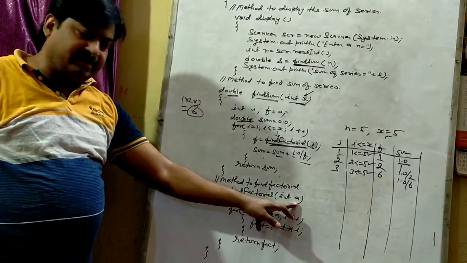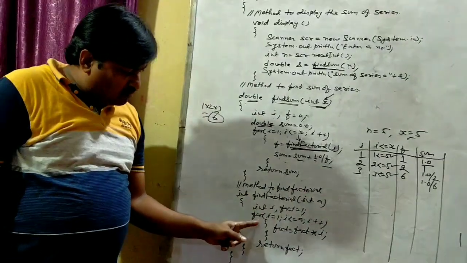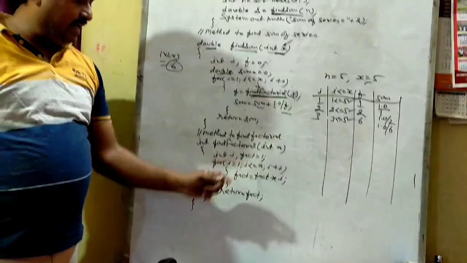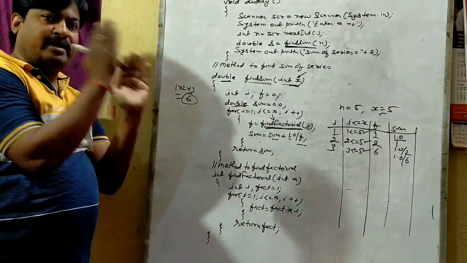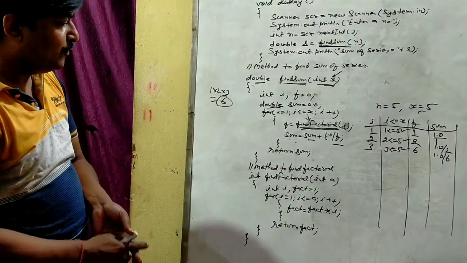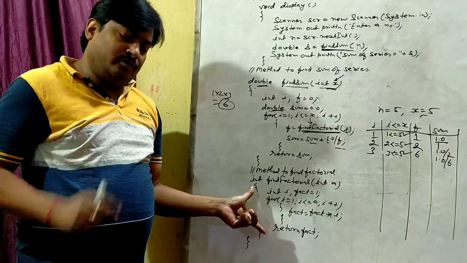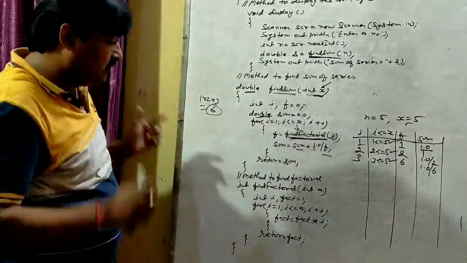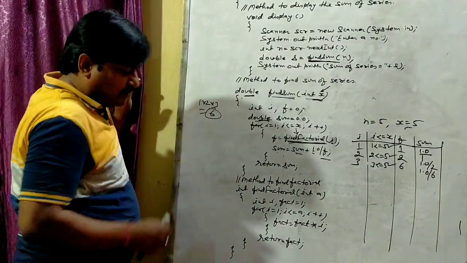Find factorial will accept a value and store it in a, calculate the factorial of the value stored in a, and return it. The find factorial part I have explained in my previous video, so you have to understand this part yourself, and I know you have watched my previous video.